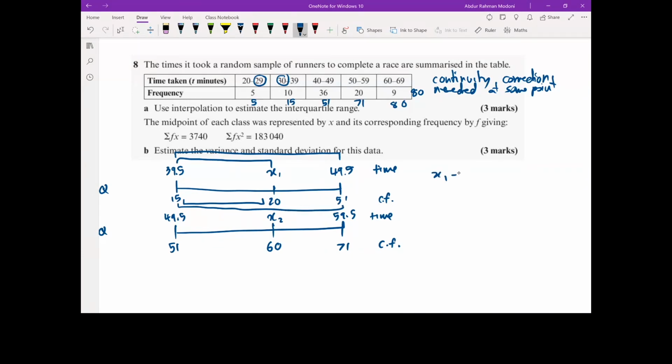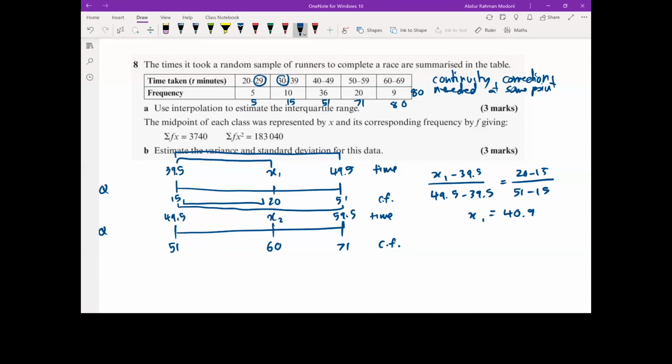So that will be X1 minus 39.5 over 49.5 minus 39.5 is equal to 20 minus 15 over 51 minus 15. And from there, I can work out X1. And my X1 comes out to be 40.9 here.